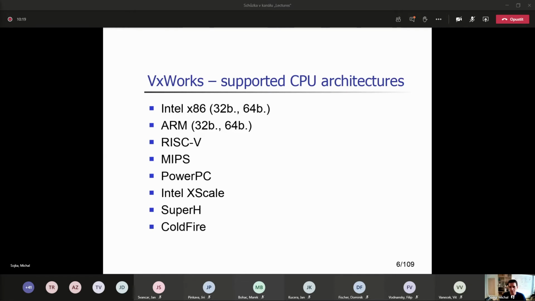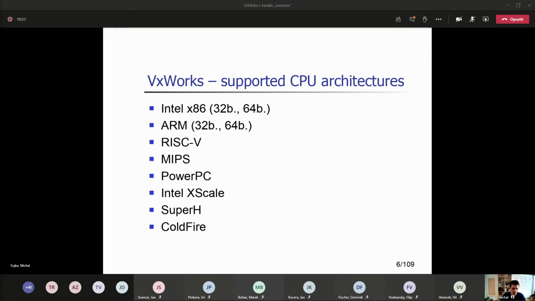The most used CPU in the embedded world is the ARM architecture, so this is of course supported. The new emerging architecture, which probably will be the second or maybe later even the first used architecture, not only in embedded systems, is RISC-V, and VxWorks claims support for RISC-V since last year. So even in this respect, they do not stay behind.